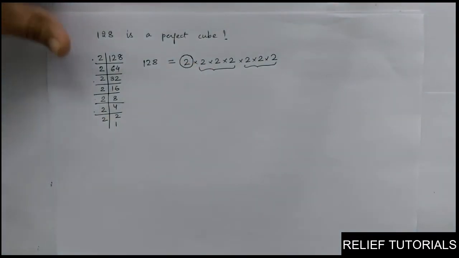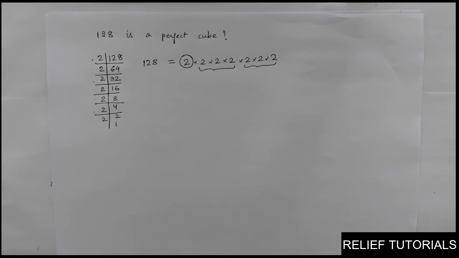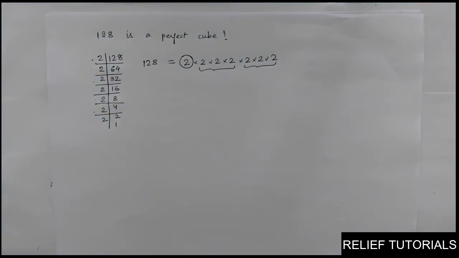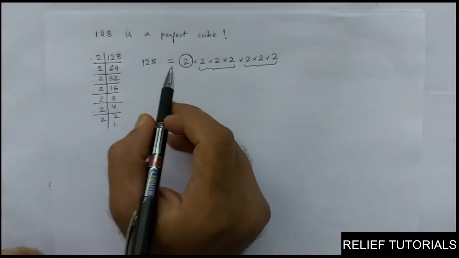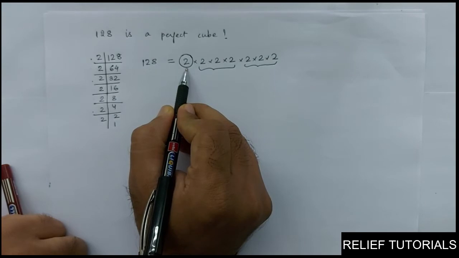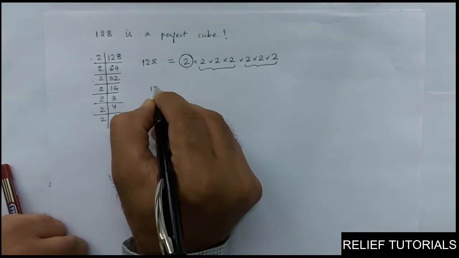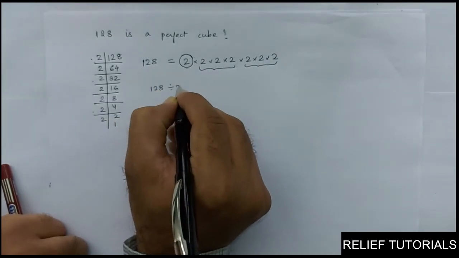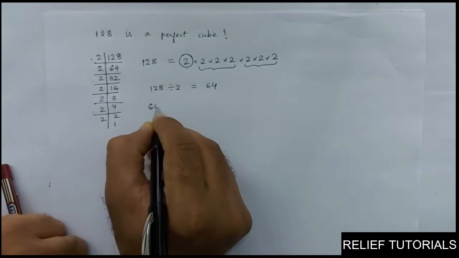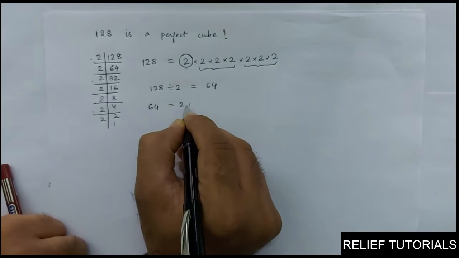It is asked by which smallest number you should divide 128 so that it forms a perfect cube. So I think we have to divide 128 by 2. If you divide 128 by 2, it forms 64 and the factors of 64 would be 6 times 2.